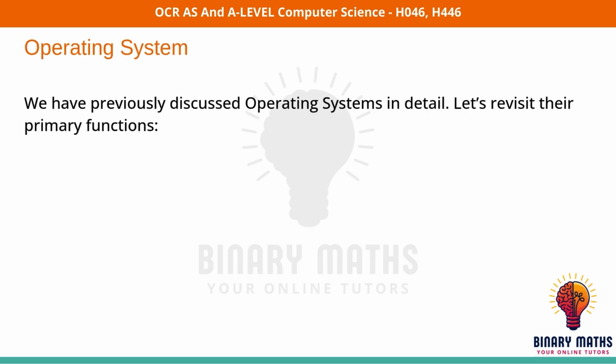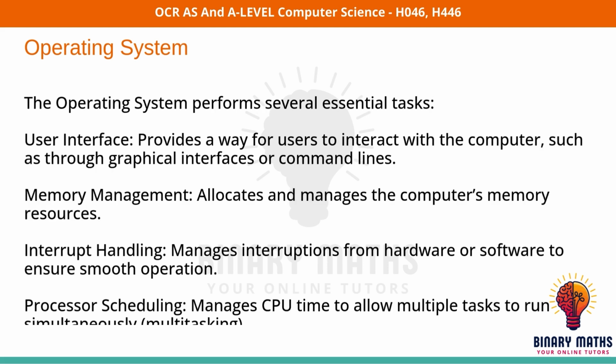We have previously discussed operating systems, but let's revisit their primary functions to refresh our memory. Operating systems perform several essential tasks that are crucial for the smooth operation of a computer system. The operating system provides a user interface which allows users to interact with the computer.